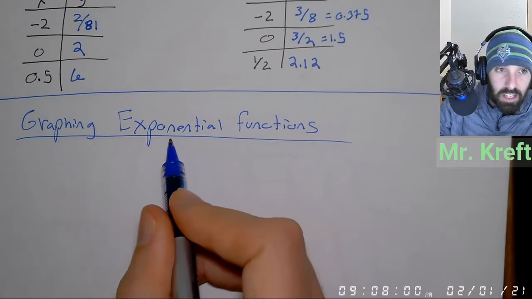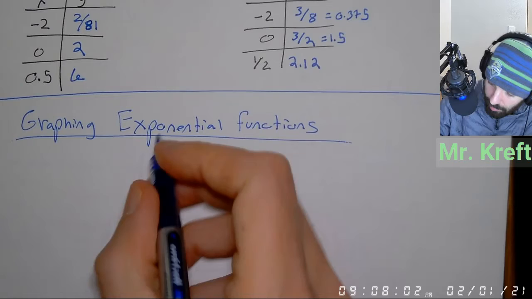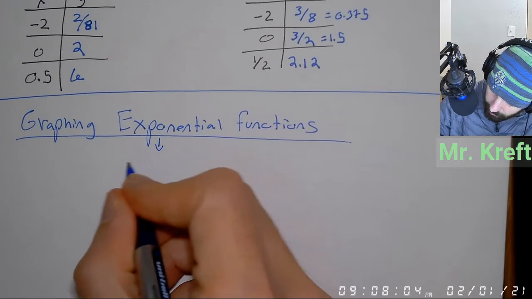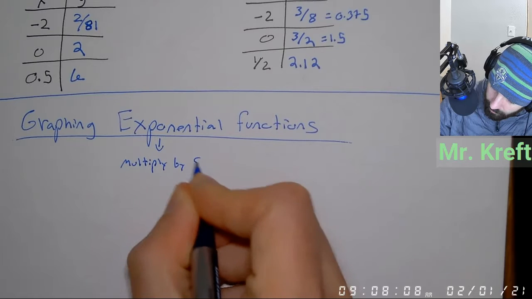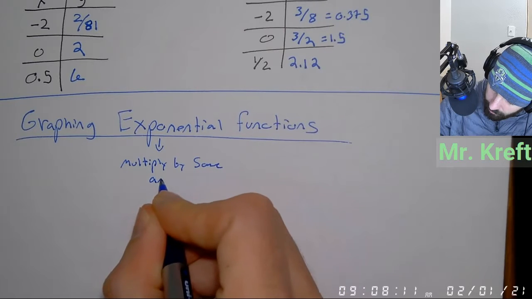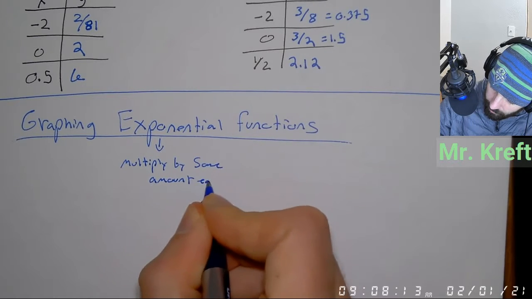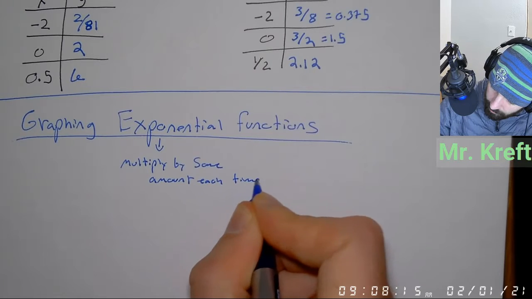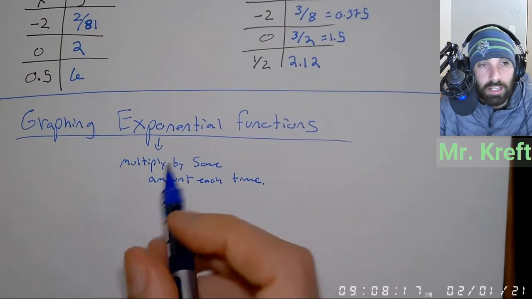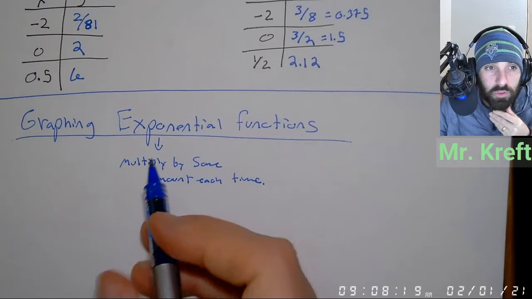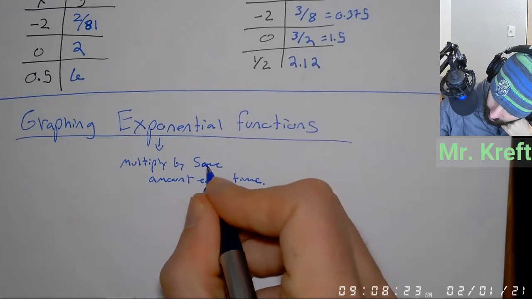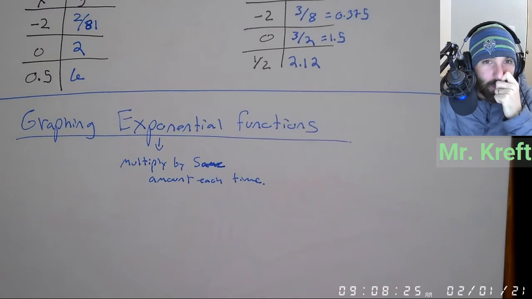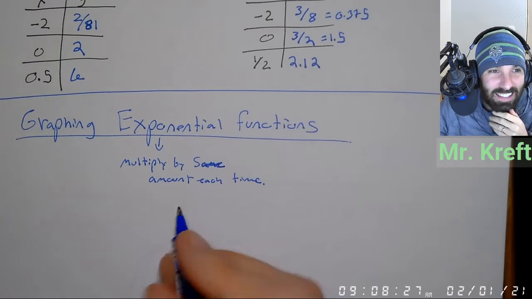Now remember, exponential just means we multiply by the same amount every time, right? Okay, so that's what an exponential is. An exponential is when we multiply by the same amount each time. Sorry, when I go quickly, my handwriting goes to cursive, doesn't it?